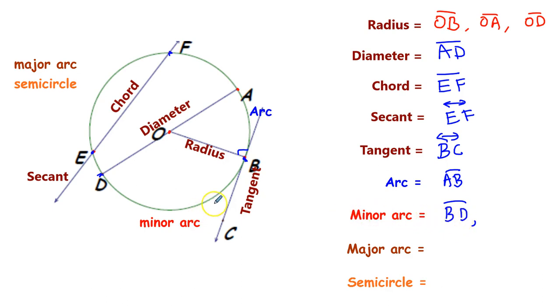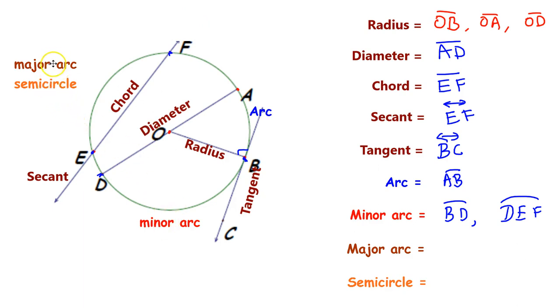In this case, I can take DEF. Even though you are using 3 letters, D, E and F, still it is a minor arc. This is smaller than the whole of this semicircle. So minor arc I got.